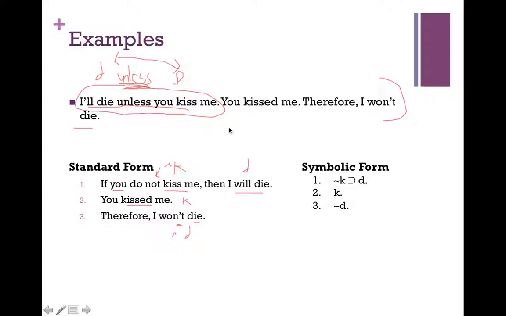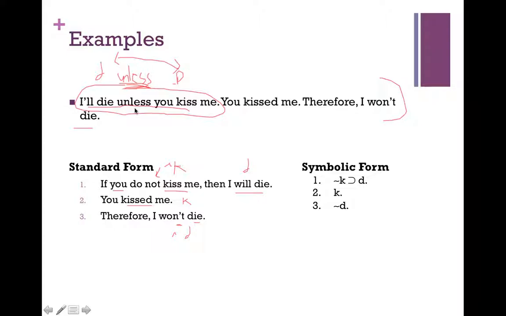The way I did that, just so we're clear, is the first thing I did is I put it into premise-conclusion form, but I used the plain English because it's a little easier than thinking with symbols initially. And then once I had these propositions in standard form, because remember up here, this proposition is not written in standard form because it has the conditional written in the middle of it.